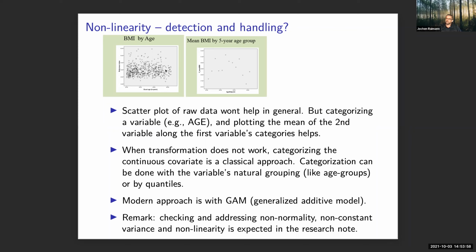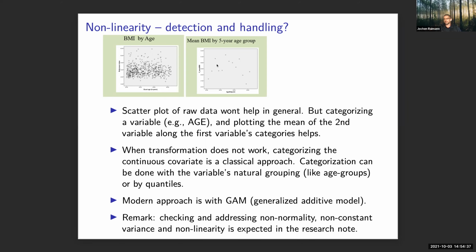For example, when you have data like that and you're stratifying BMI by age in actual years, into mean BMI by 5-year age groups, you essentially can also fit the model with your groups, which allows you to understand the shape of your data and of your association.